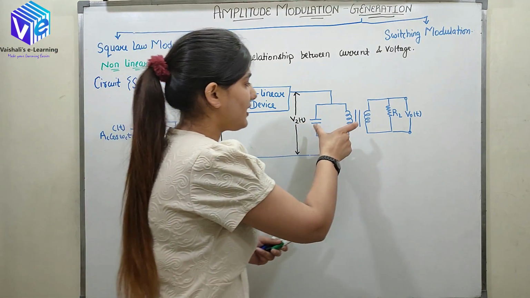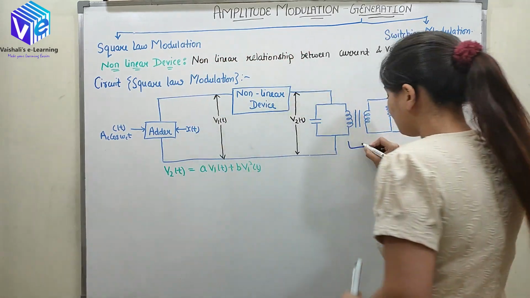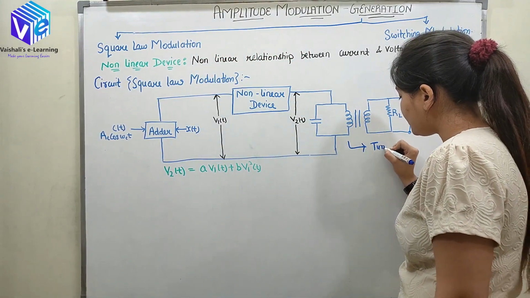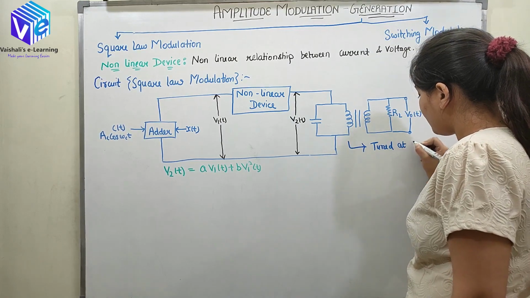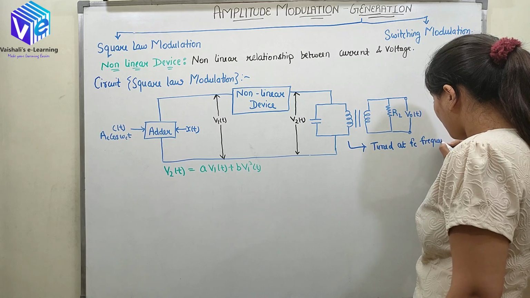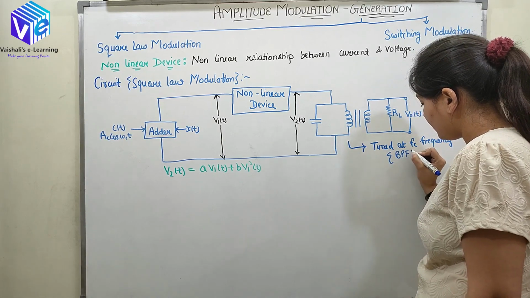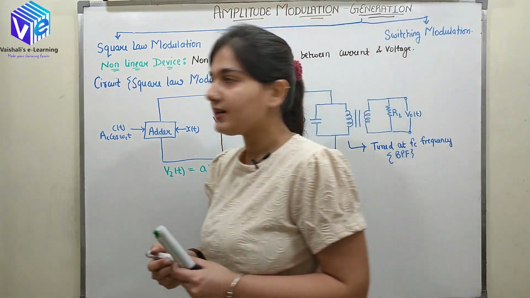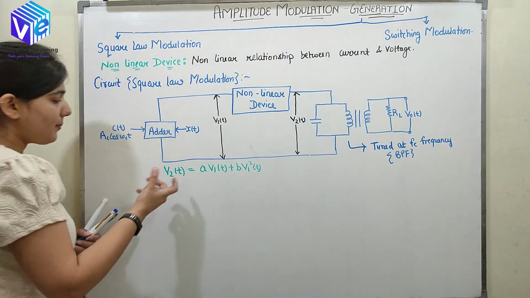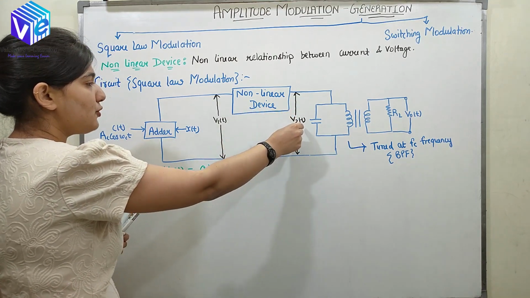After that we have an LC oscillator. The LC oscillator is tuned at the frequency fc, and thus it acts as a band pass filter. Now we'll see the working in detail. If I talk about the working, I should know first V2(t), the output voltage.